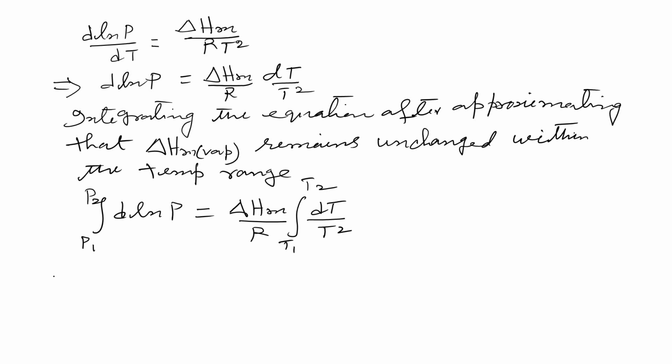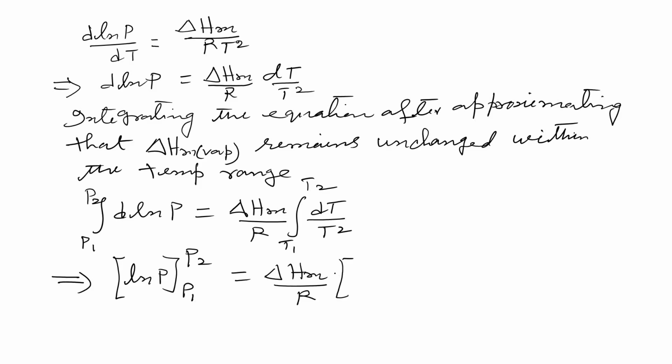Fine. So now integration of d ln P will be ln P, with the limit P1 to P2, is equal to delta Hm by R. Now integration of 1 by T square, that means T to the power minus 2. The result will be T to the power minus 2 plus 1, that means T to the power minus 1, and down minus 2 plus 1, that means minus 1 by T, with limit T1 to T2.